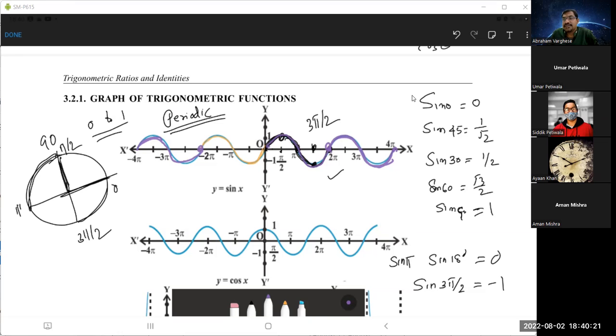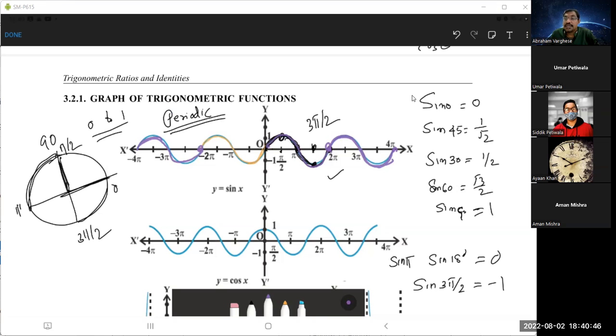Some intervals it increases, some intervals it decreases. Please note that in the first quadrant, 0 to pi by 2, the sine value increases from 0 to 1. In the second quadrant, sine decreases from 1 to 0.